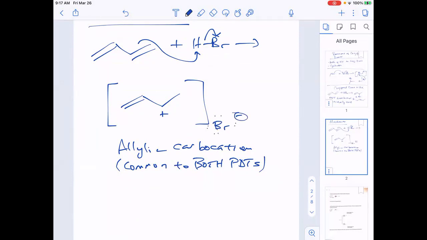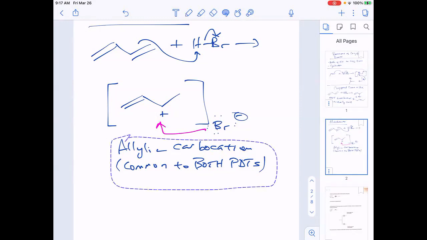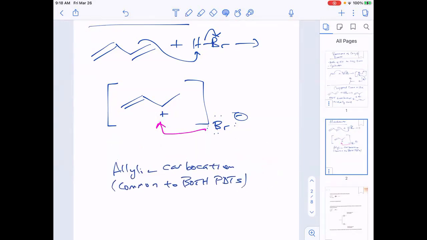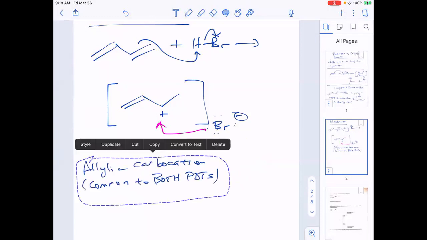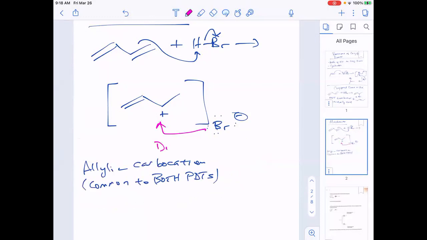Now you can see again, the bromine can attack directly at the carbocation, like so. We'll call this direct attack. It can attack directly, and that's going to give me one product. It'll give me this one.